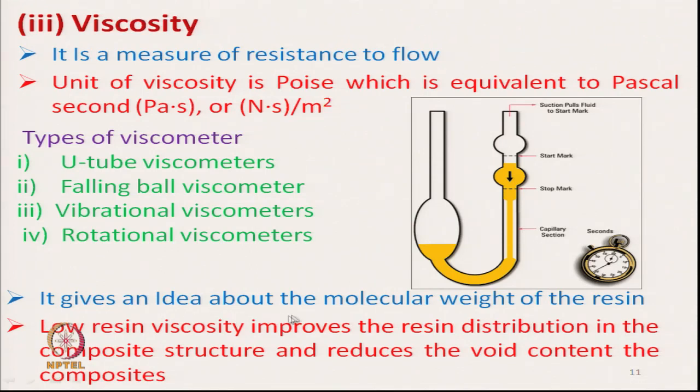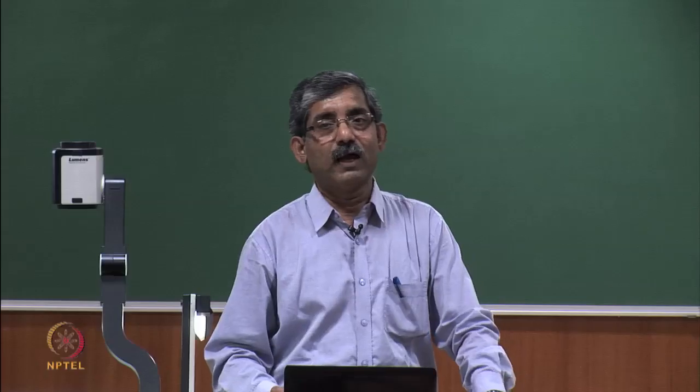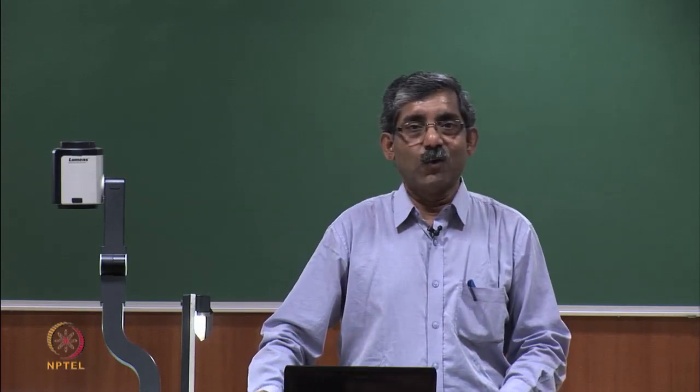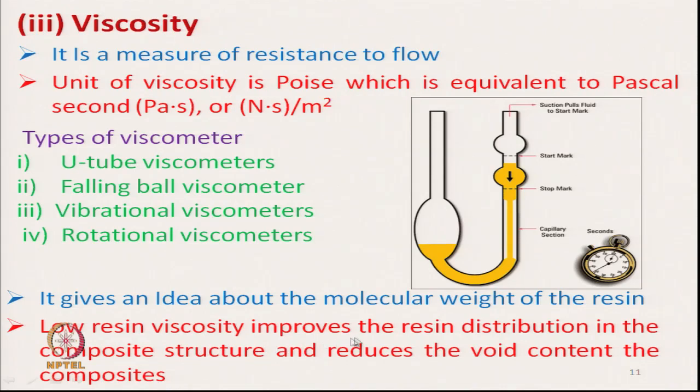It gives an idea about the molecular weight of the resin. Higher molecular weight will have higher viscosity. Low resin viscosity improves the resin distribution in the composite structure and reduces the void content in the composite, as I have already mentioned.